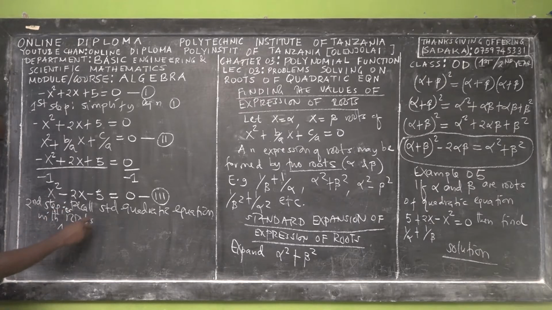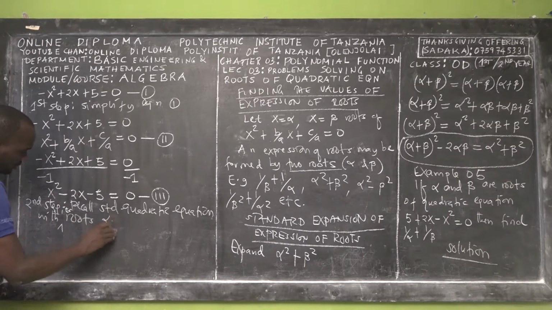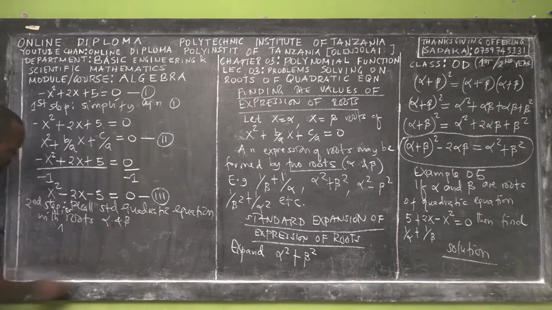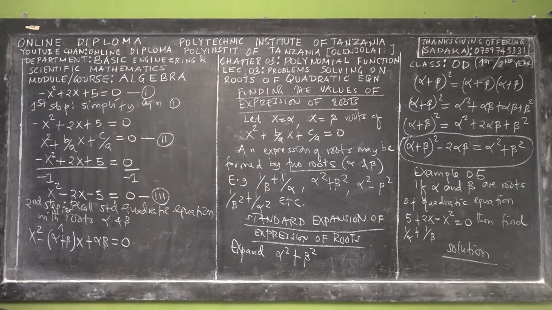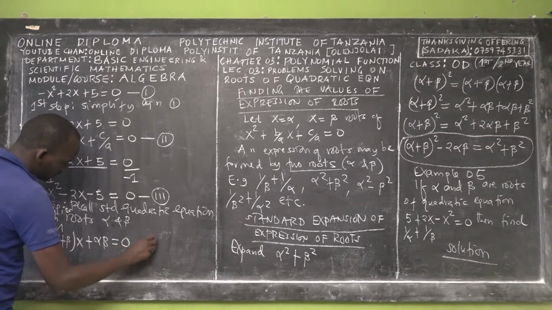The roots are alpha and beta. If you do remember, x squared minus the sum of the roots, alpha plus beta, times x, plus the product of the roots, alpha times beta, is equal to 0. This is equation 4.